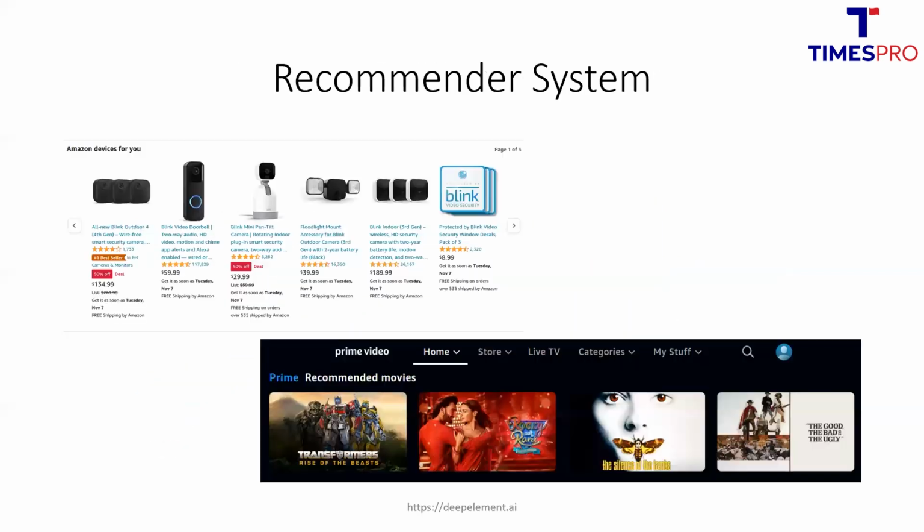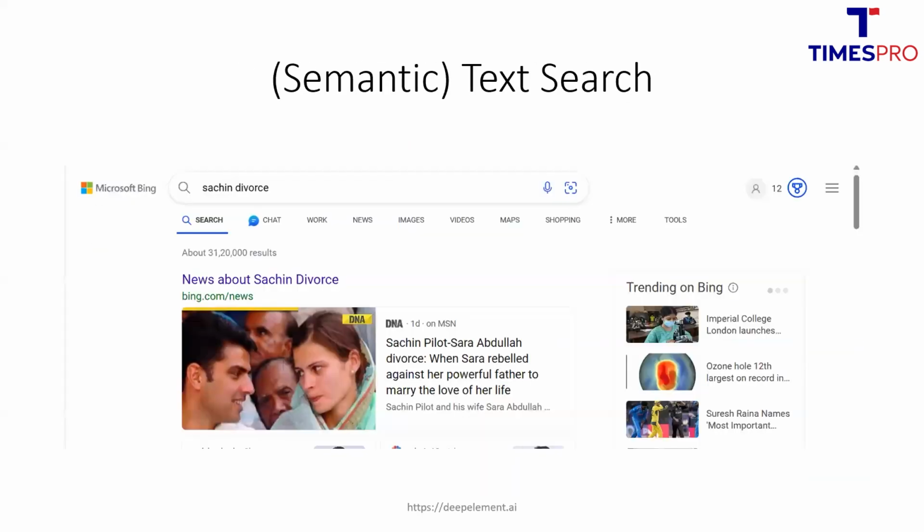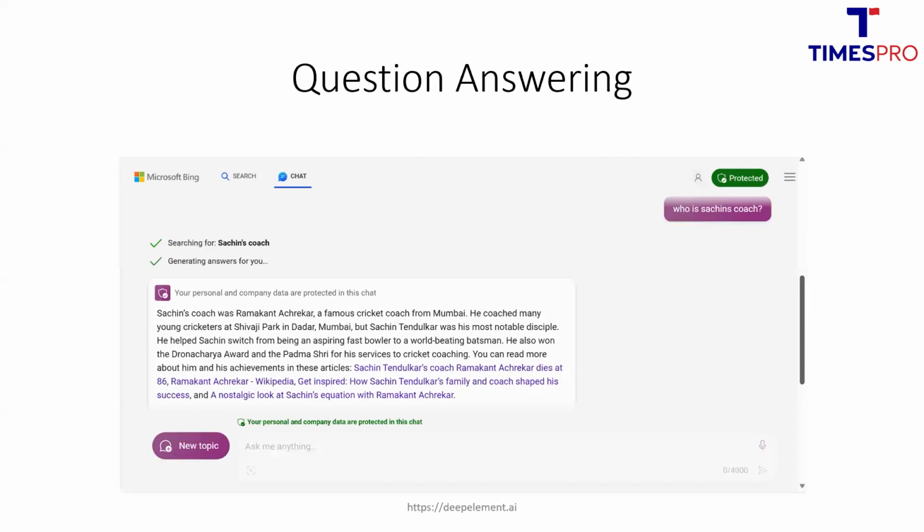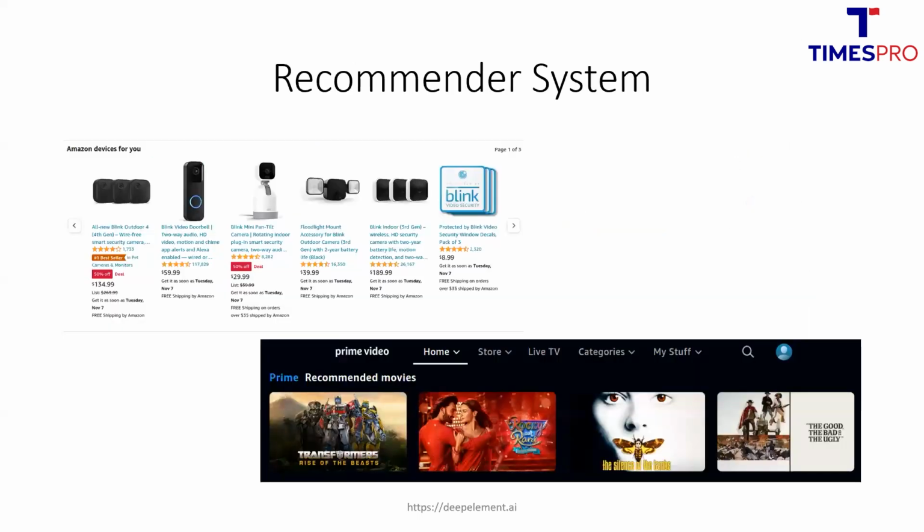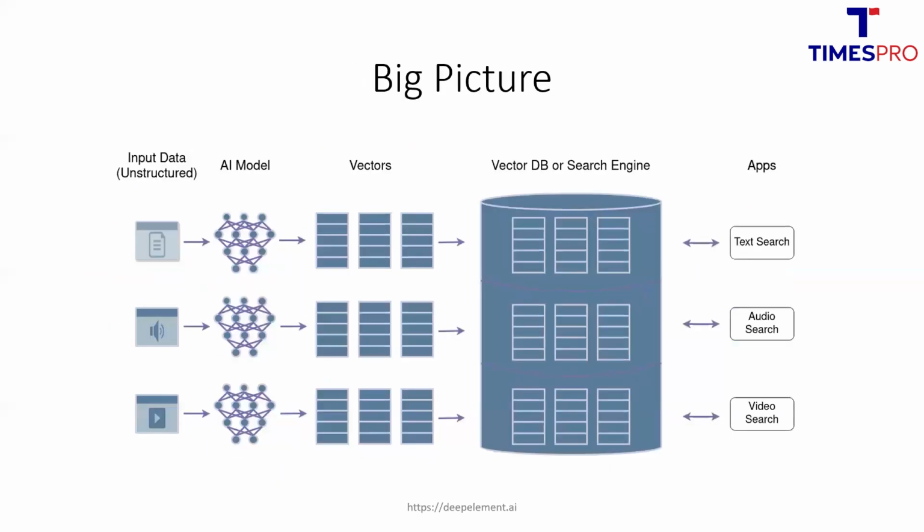All of these use cases behind the scenes rely on vector embeddings. Vector embeddings act like a knowledge base for all these applications. And here is the big picture. Almost all the applications fit very well into this big picture. You have a lot of unstructured data.